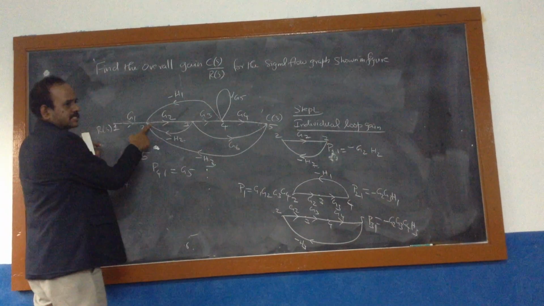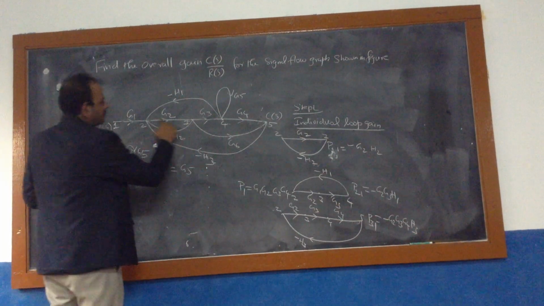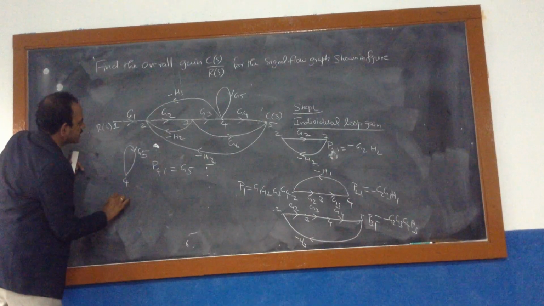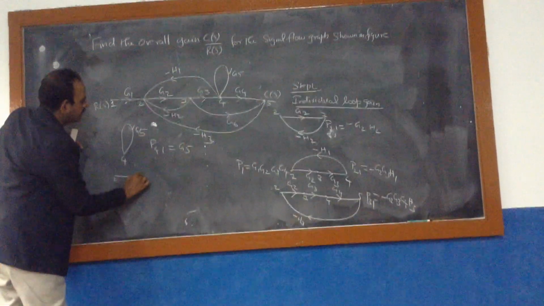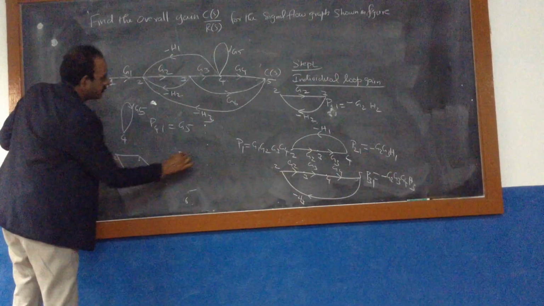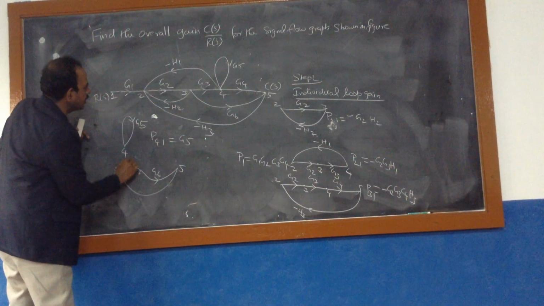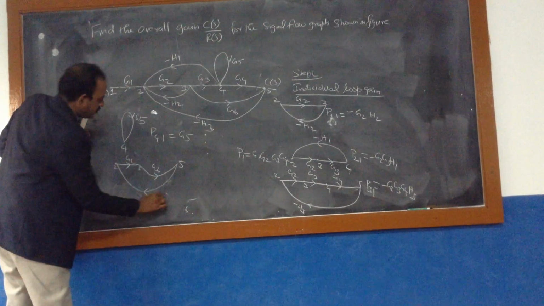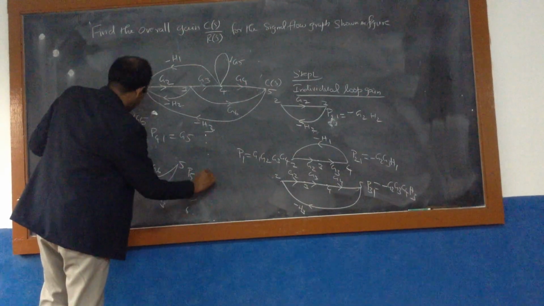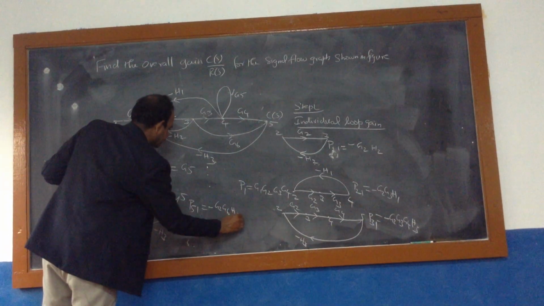G6 and minus H, so this is not a closed path, but we can form this: from the second node 2 to 3, 3 to 5, then we will close it. 3 to 5 gain is G6, 2 to 3 gain is G2, so the feedback is minus H. So this is the final gain P51, just multiply minus of G2, G6, H2.